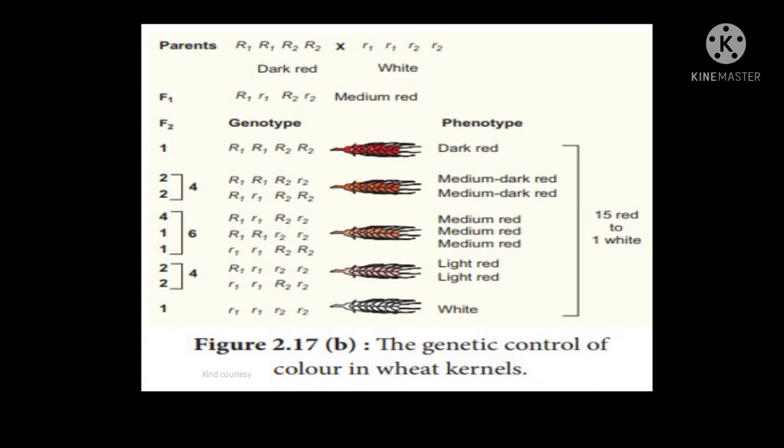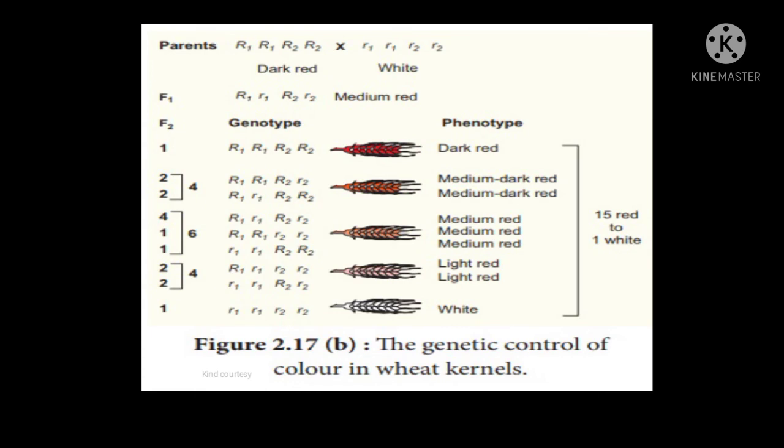The first one produced is capital R1 capital R1 capital R2 capital R2, and its phenotype is dark red, since all capital R genes are present. The next 4 show capital R1 capital R1 capital R2 small r2, and produce the medium dark red.